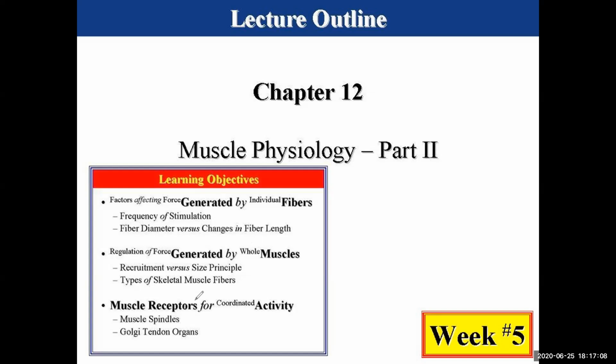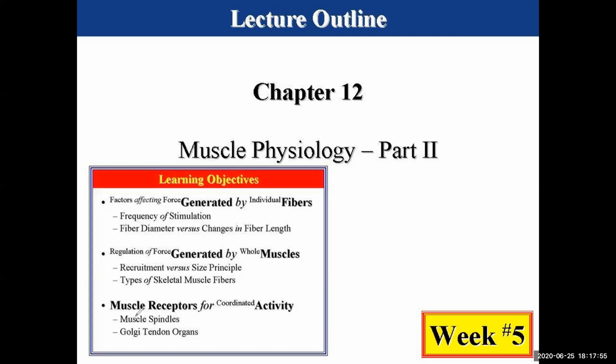And then the last pillar of the lecture is about not only the motor functionality, but also how the brain, the central nervous system, receives input from the muscle to have better coordinated activity through two structures. We're going to go over the muscle spindle and the Golgi tendon organs to basically allow the brain to monitor skeletal muscle activity and to prevent, for example, muscle tear, to prevent excessive skeletal muscle activity.